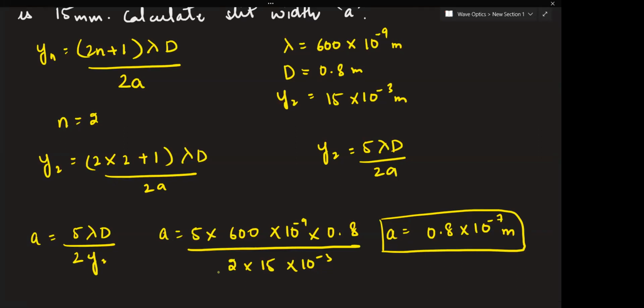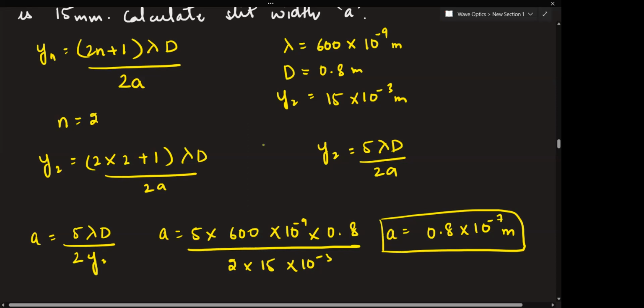This is 30, this will be 300, one will get cancelled. Yes, in terms of 80 also you can write it as 80 into 10 to the power minus 6.